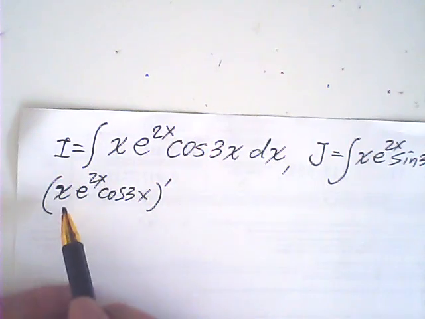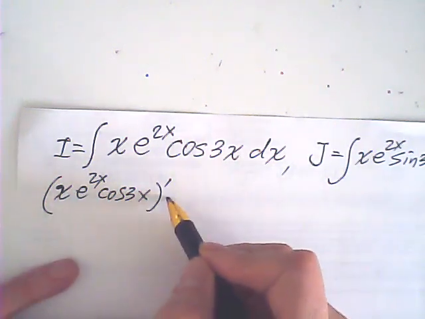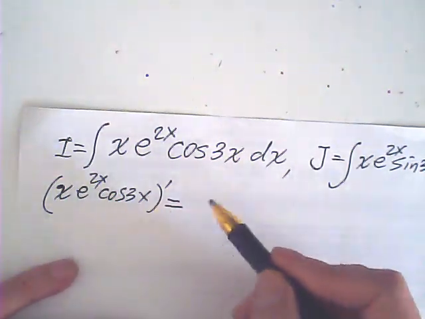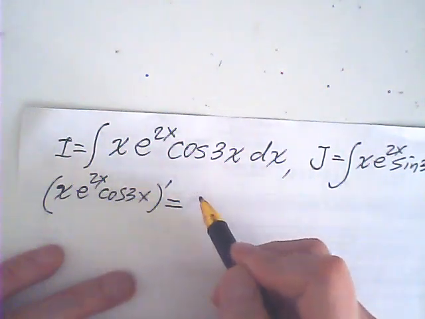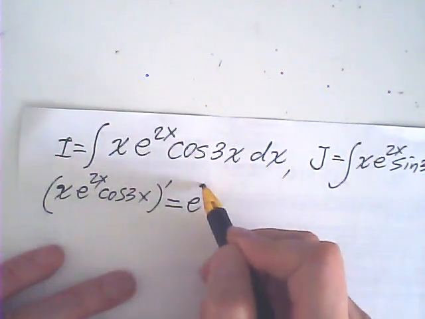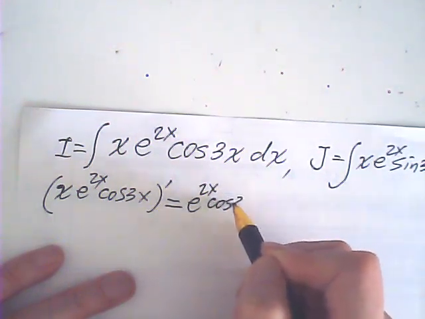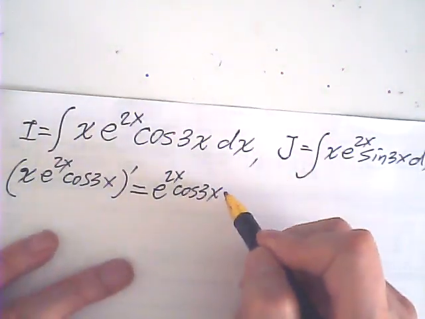I consider x as one factor, and this as another factor. So use the product rule: the derivative of x is 1 times e to the 2x cosine 3x. I have to write carefully because it's very easy to make a mistake.